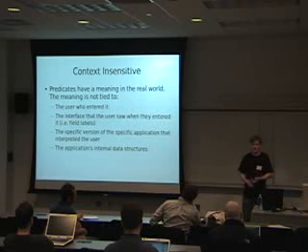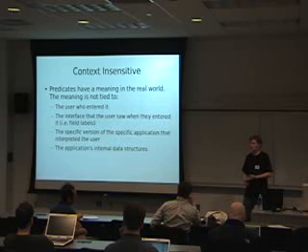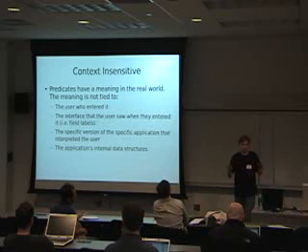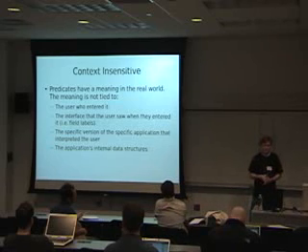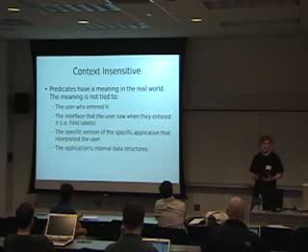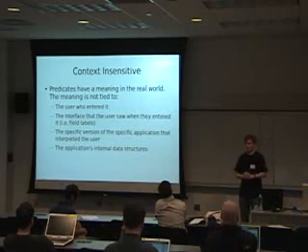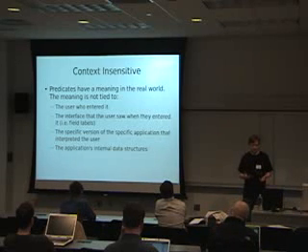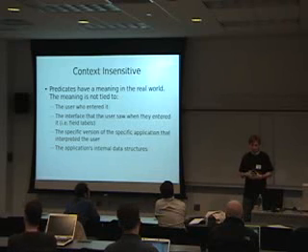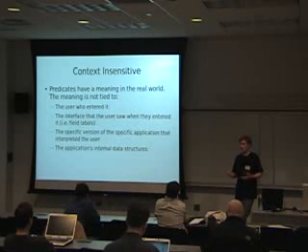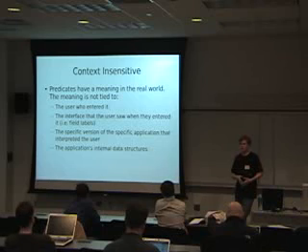The user who entered the data, what fields the user saw when they were entering the data, the labels of those fields, how they interpreted those fields in the context of the user interface, the specific version of the specific application that interpreted what the user input after that point, and the application's internal data structures. All these things change realistically more often than the data schema. The application's internal data structures are just less permanent, constantly open to revision.